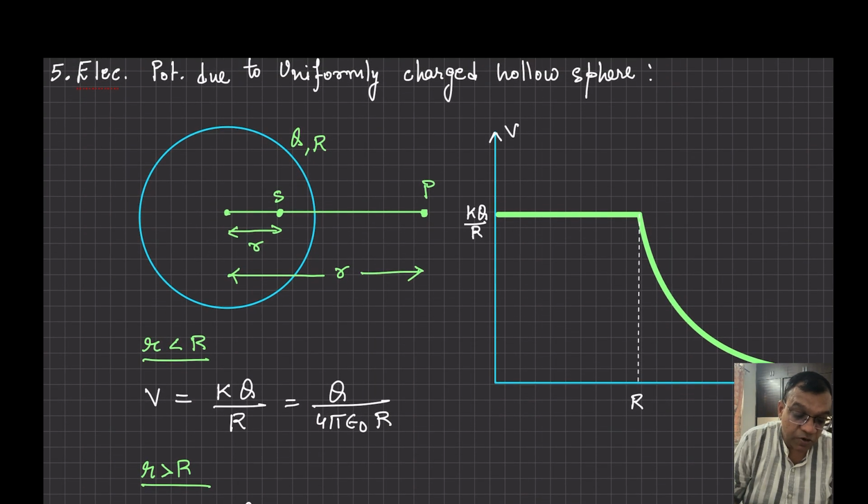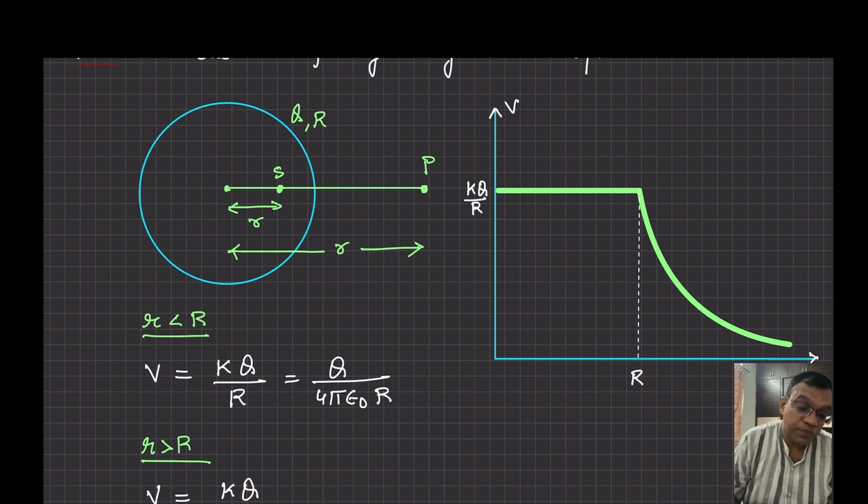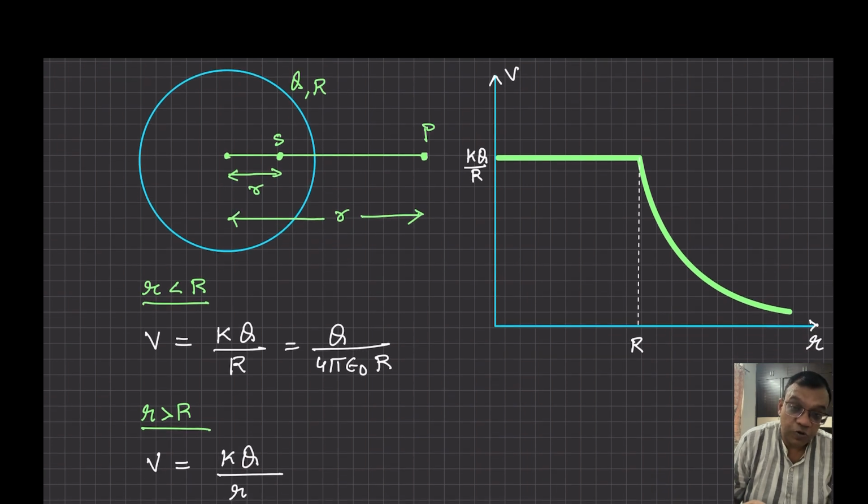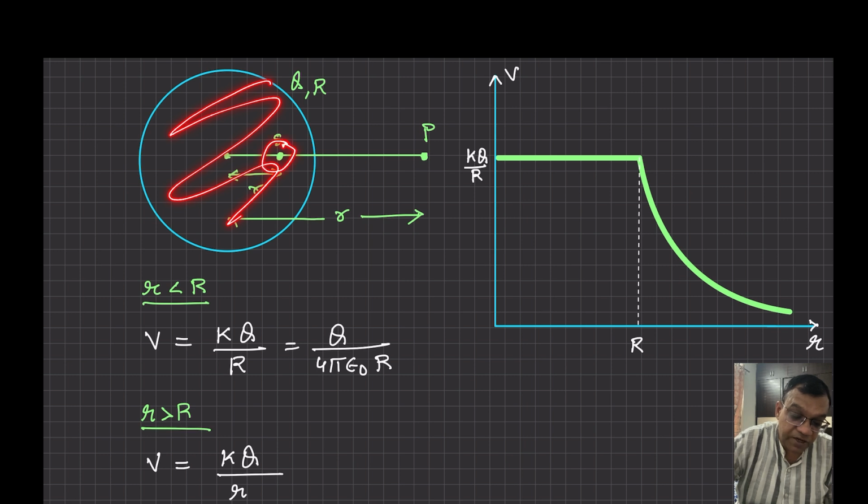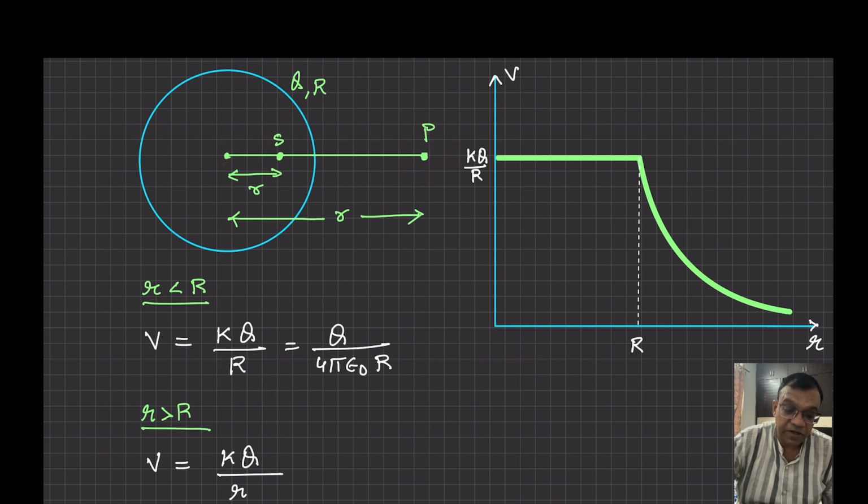Let's take another object, the electric potential due to a uniformly charged hollow sphere. Due to the hollow sphere, the electric potential at any inside point will be constant, and at an outside point it will be the same as for a point charge placed at the center.